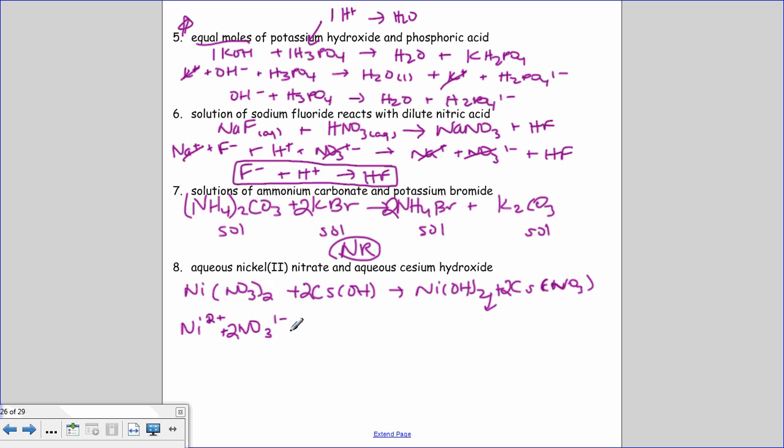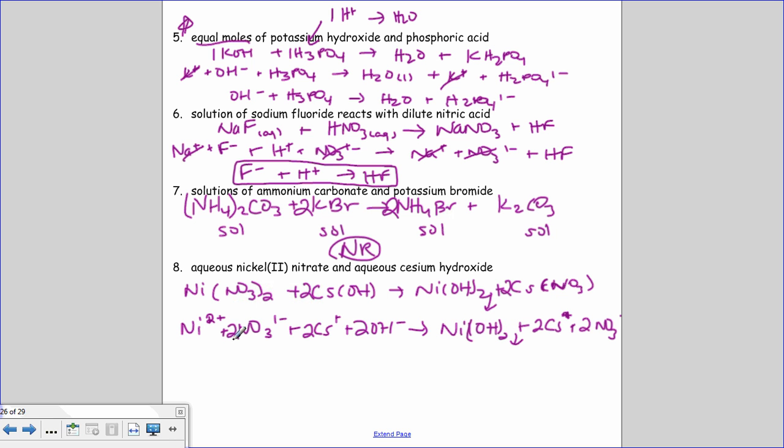So there's 2 nitrates, plus this hydroxide, which is soluble here, 2 cesium pluses, plus 2 OH minuses, yields an insoluble product, which we don't ionize. It's our precipitate, nickel 2 hydroxide, plus 2 cesium 1 plus, plus 2 nitrates.